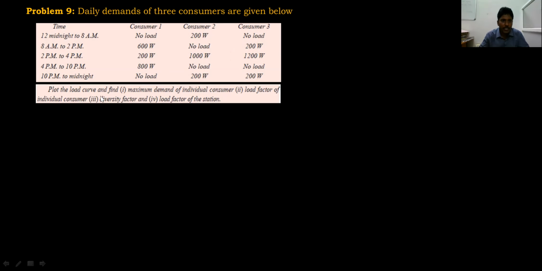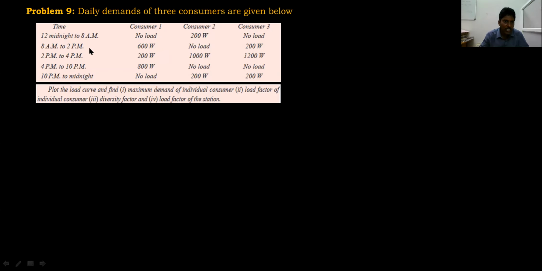The number of units generated is 600 into 6, since there is no load between 12 and 8, so you leave it. 600 watts is there between 8 a.m. and 2 p.m. That is 6 hours: 8, 9, 10, 11, 12, 1, 2. Therefore, 600 into 6, because 1 unit means kilowatt hour.